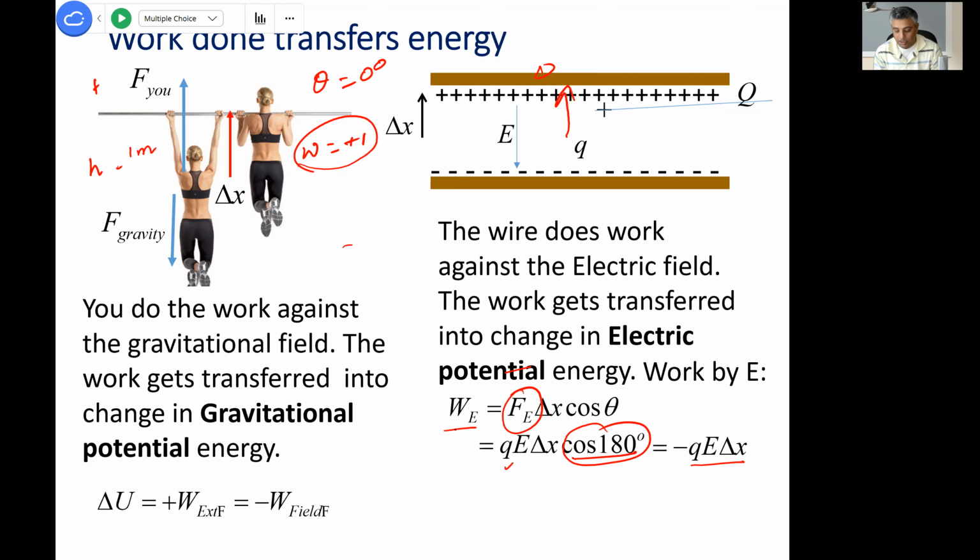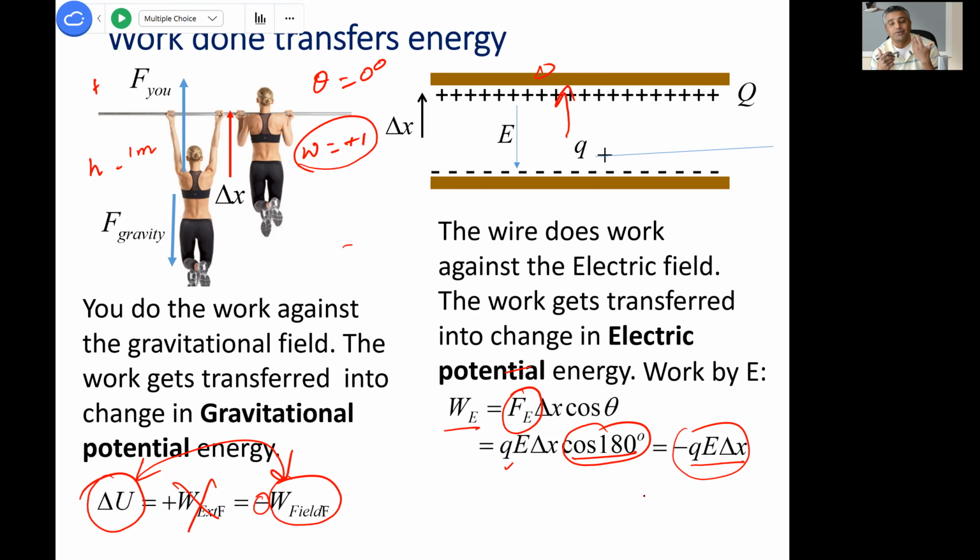So that's the work done by the electric field. Now, what is the change in potential energy? Work done by the field and change in potential energy are related. Let's forget about the external force for now; we are just talking about the work done by the field at this moment. They have opposite signs. So whatever work done you find, you change the sign. If this is negative right now, you make it positive.